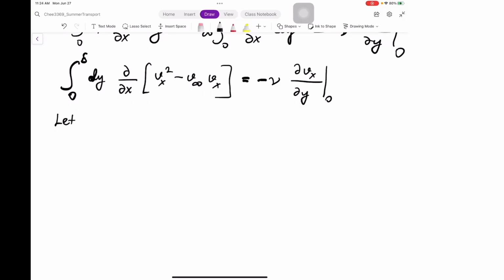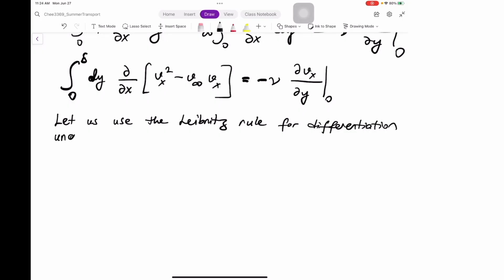So let us use the Leibniz rule for differentiation, differentiation under an integral.